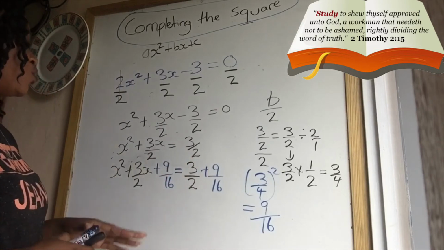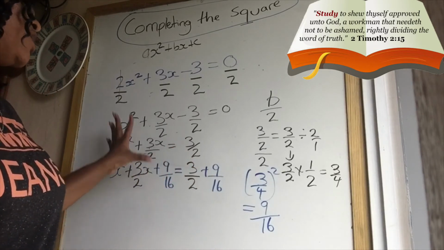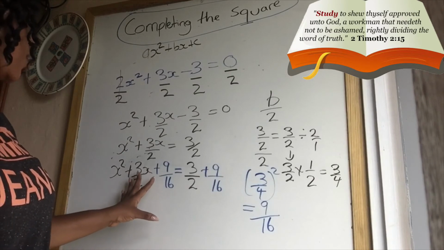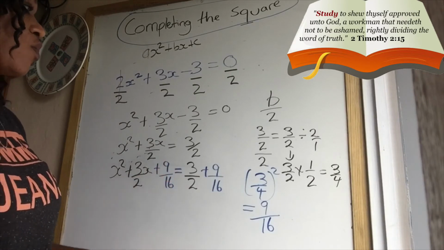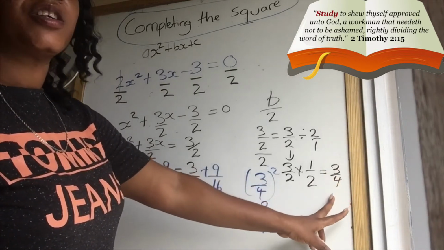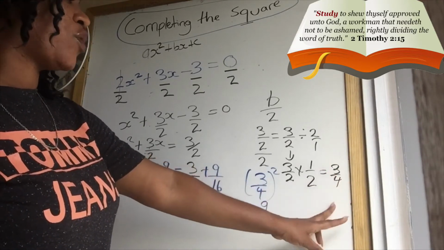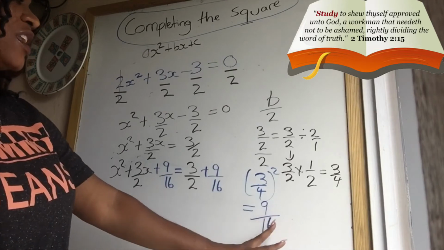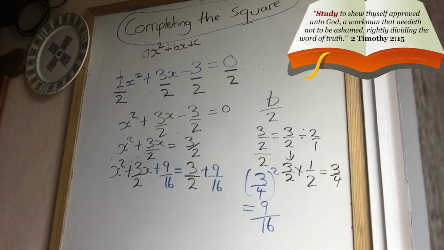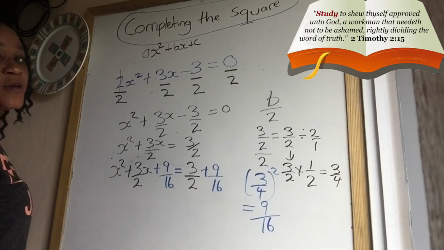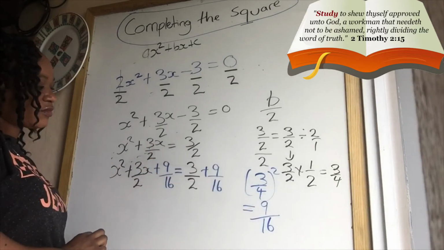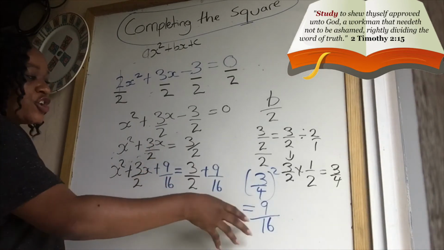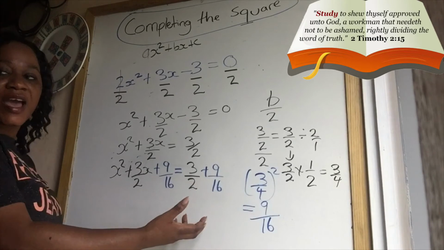Now, our next step is to take half of 3 over 2, which is 3/4. And then you square that number. When you square that number, we are left with 9 divided by 16. The next step is to add our new constant to both sides.